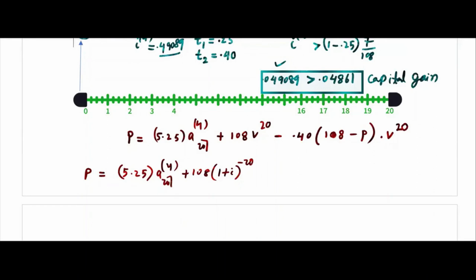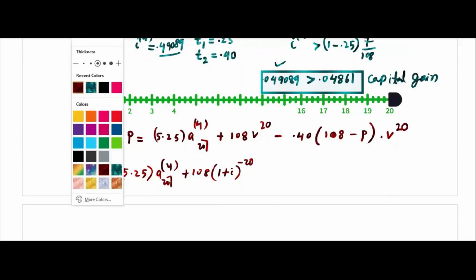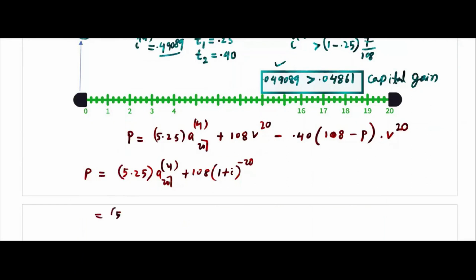How can you find it? 5.25, because at 5% you will get it from the actual table. You can write I divided by I4 if you want to use the actual table, A20. If you do it this way, your life will be easier. Even V20 you will get directly. So this I by I4 will be very close to 1. I is greater than I4, so it will be greater than 1, and A20 you need to write. So this will be 5.25.